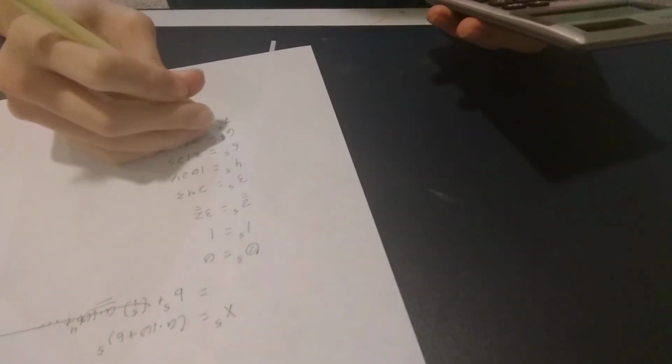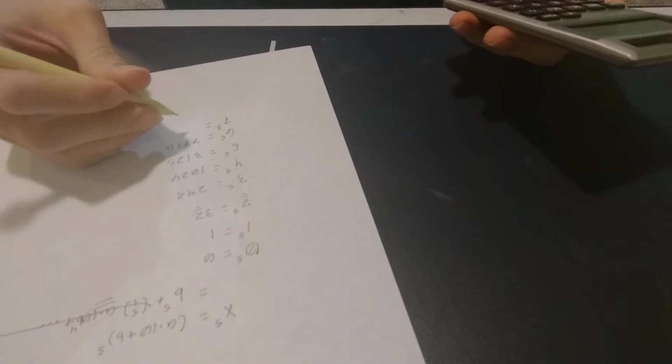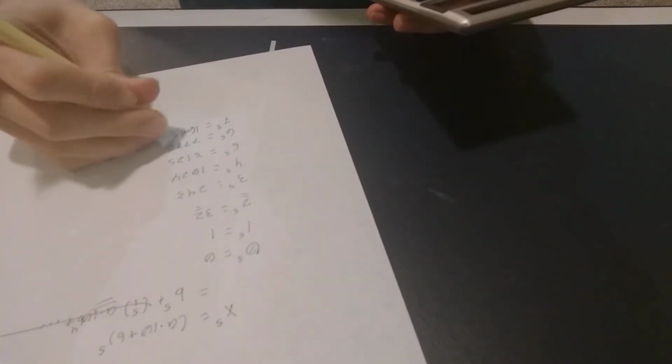Wait, actually, I don't know about this one. Oh, it is. Okay, cool. 7 to the power of 5 is equal to... Oh, heck. Give me a sec. I should know this.